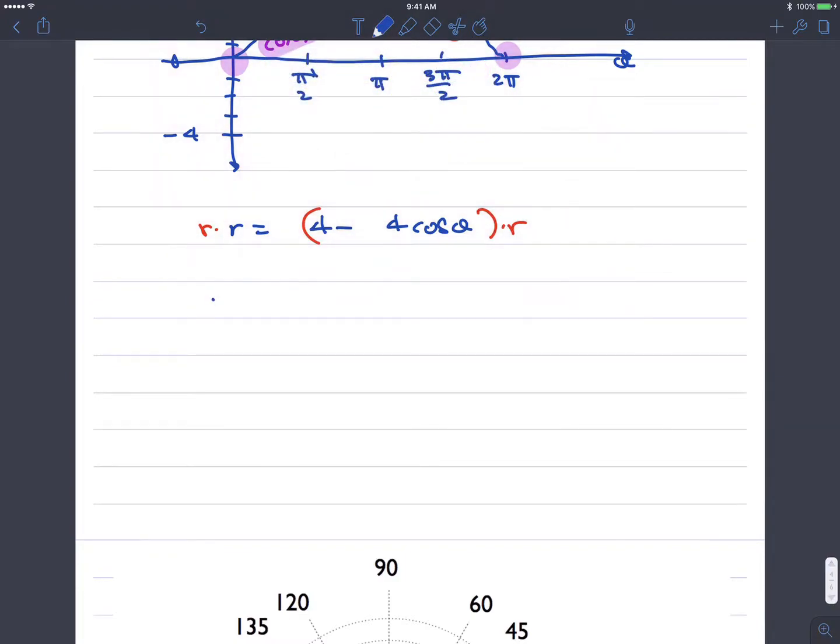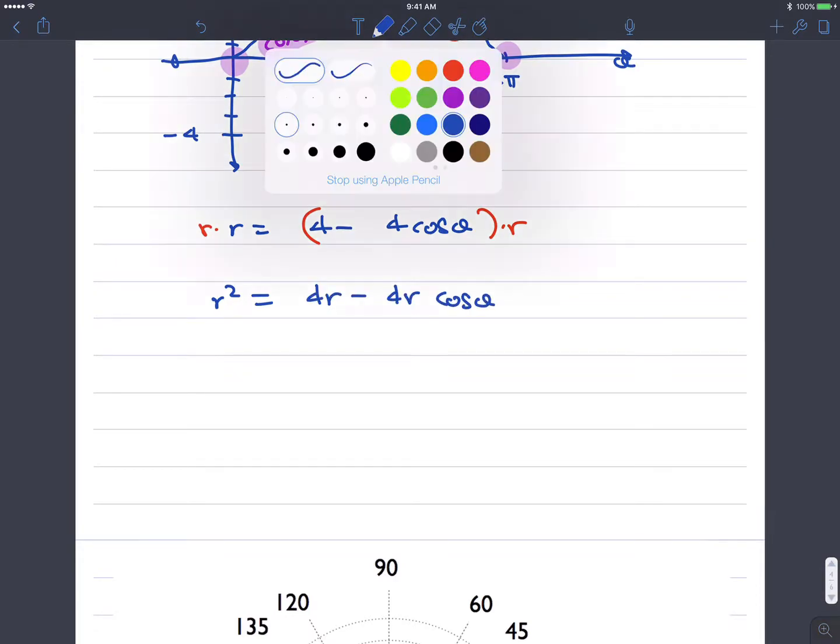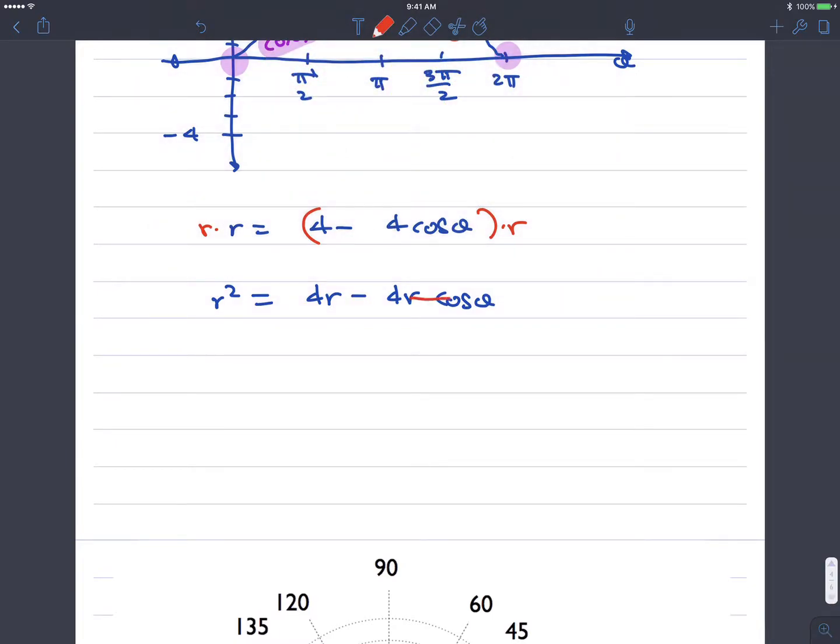You're going to do some algebra. r squared will be 4r minus 4r cosine theta. Notice, r cosine theta and r squared, what are they? x squared plus y squared, and this is just x. So we'll have x squared plus y squared equals 4r minus 4x.